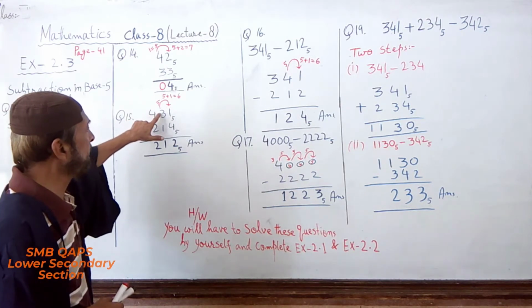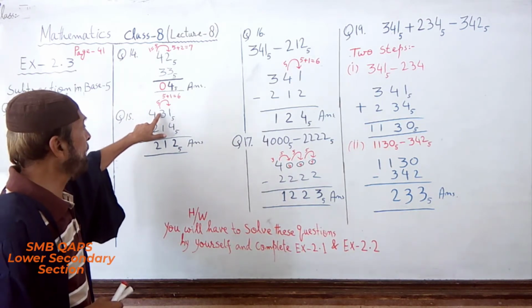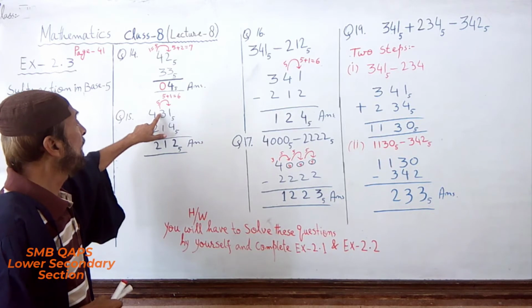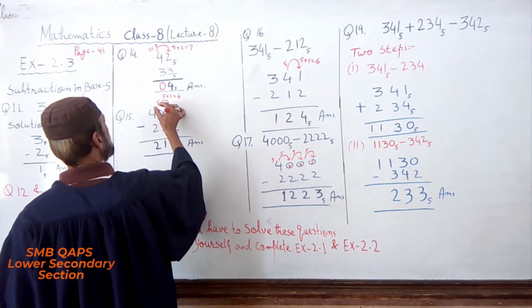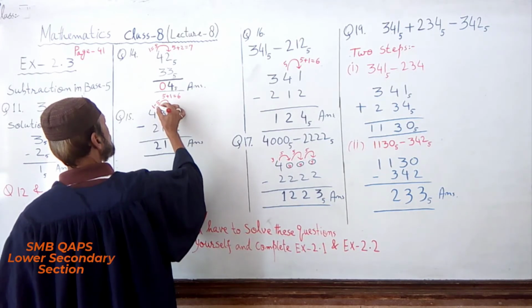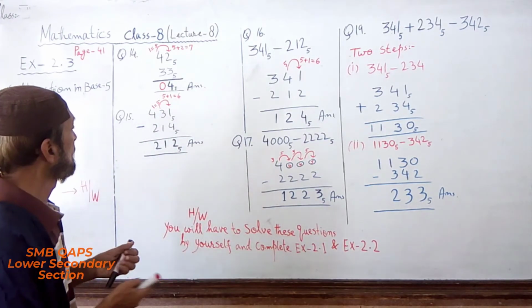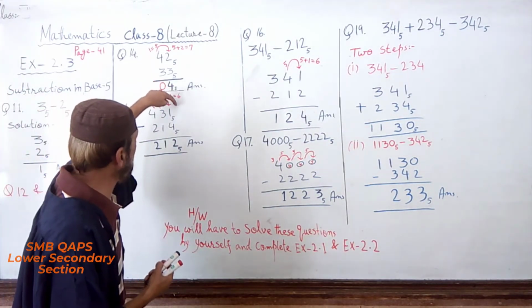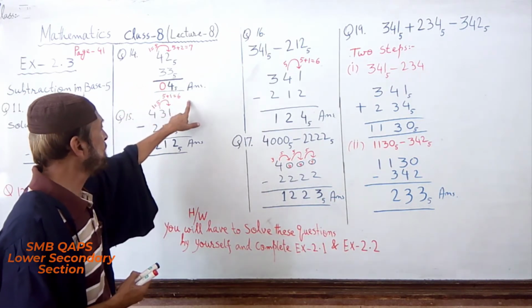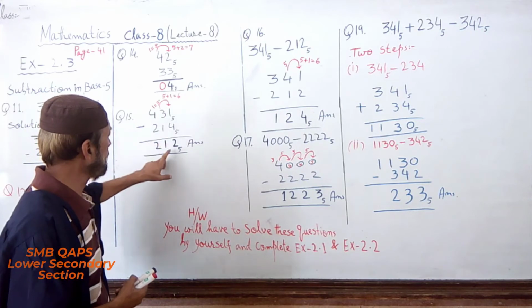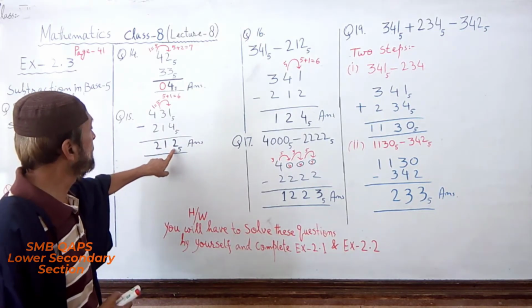Take 1 from over here. If we take 1, it is equal to 5. This 5 will come over here. 5 plus 1, 6. 6 minus 4, 2.